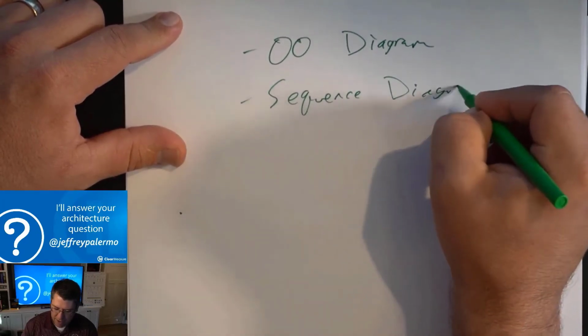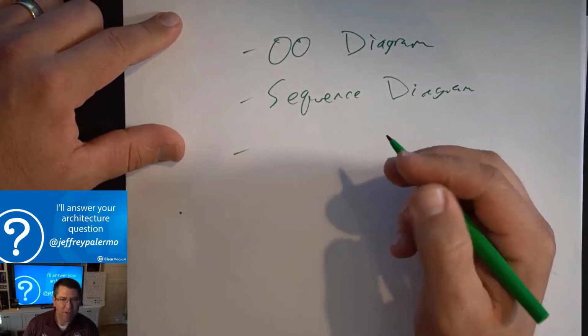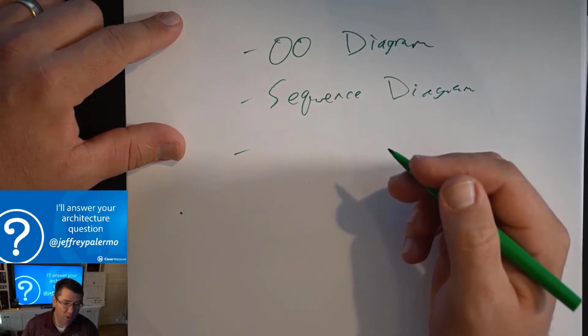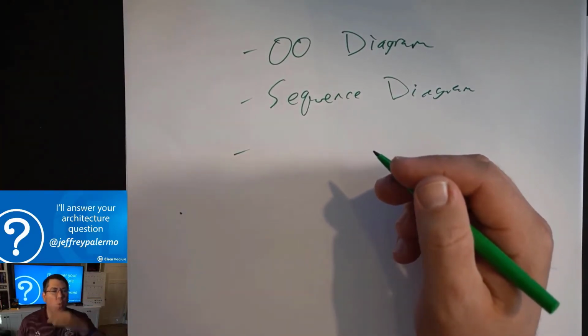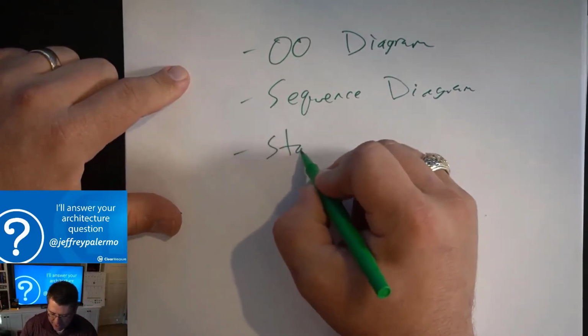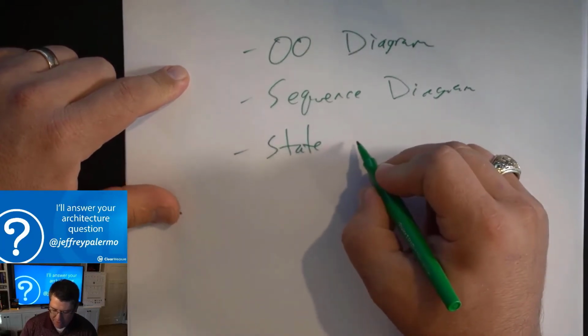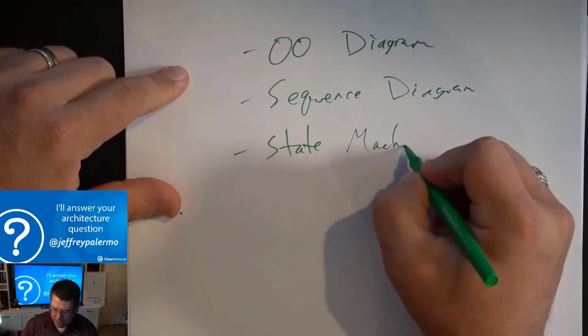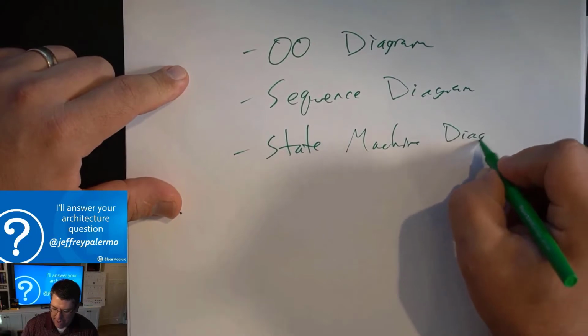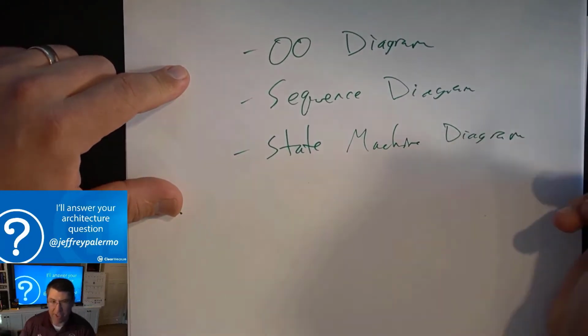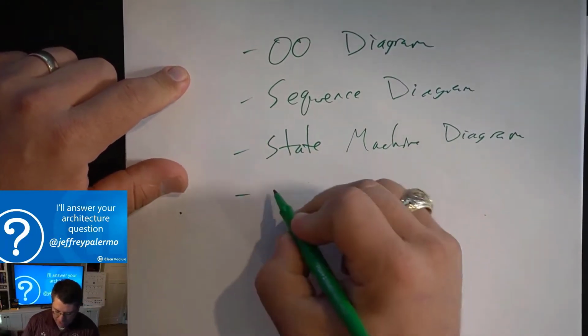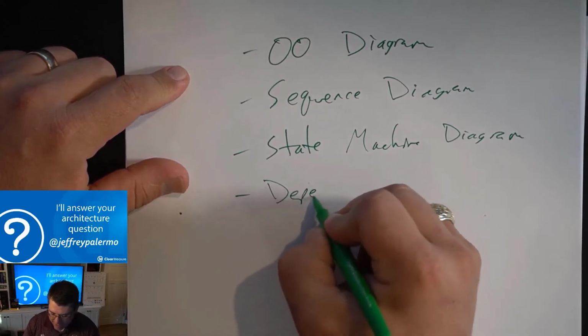Okay. Then you might have some patterns. In the case of a work order, it has a status and it has a workflow. And so we definitely need to make use of a state machine diagram. And a lot of times an activity diagram will be interesting, or an overall dependency diagram.